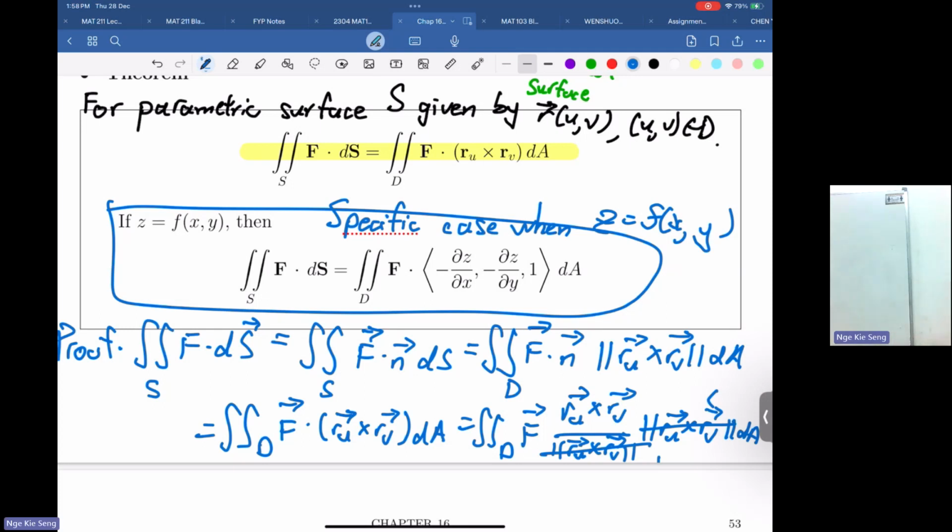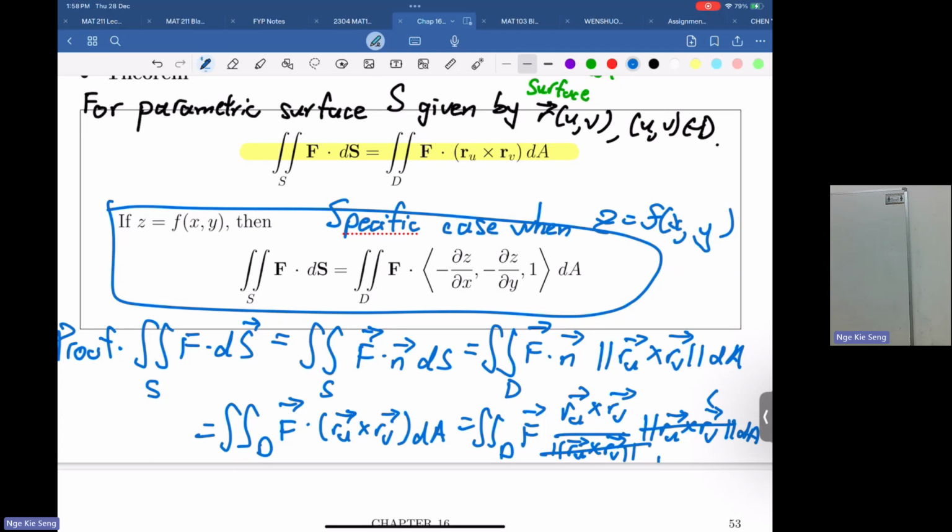So this is a little bit different from the surface integral on a scalar field. On a scalar field, you need to multiply by the length of the normal vector. But here, you take your vector field dot with your normal vector. Remember, the vector field is a vector. If you integrate a vector, the answer you get is a vector.